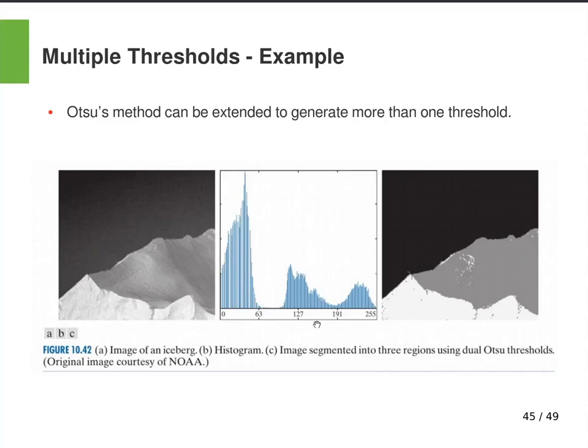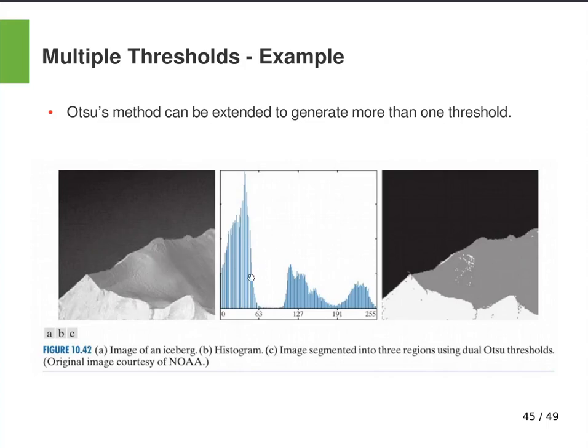So here you can see a very obvious example of this being used. We have this image of an iceberg, and as you can see, we have a dark region as the background, and we have two brighter intensity values here and here.